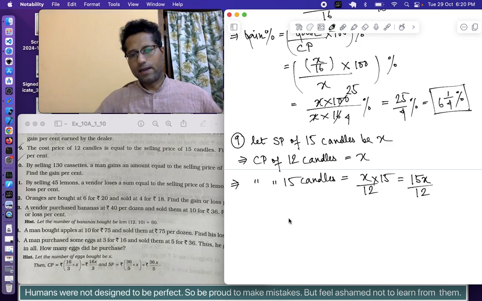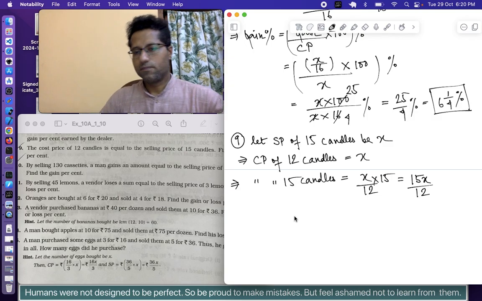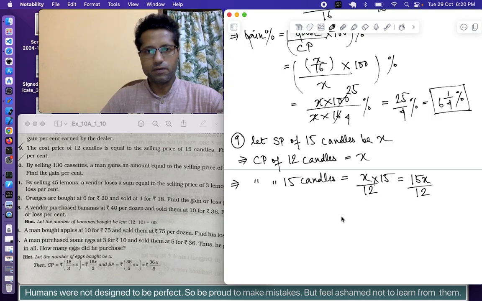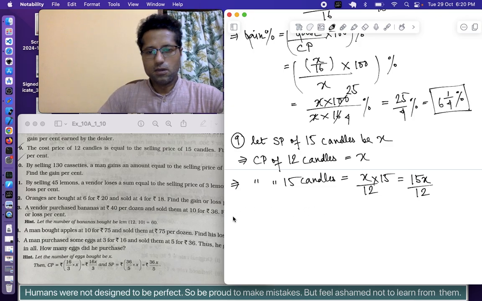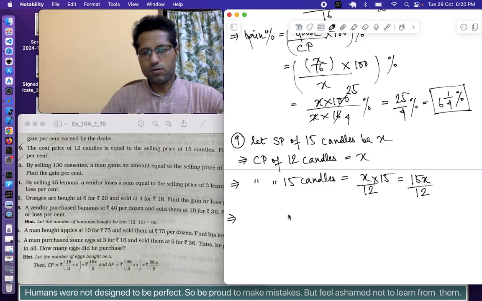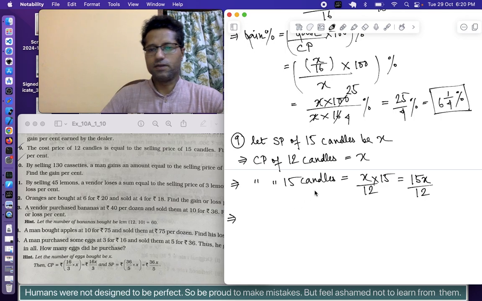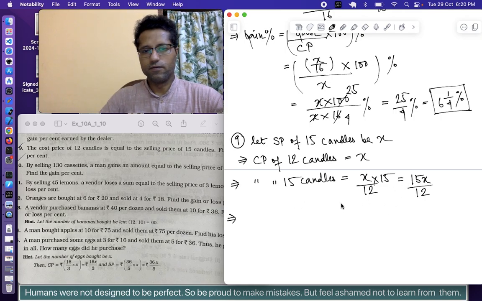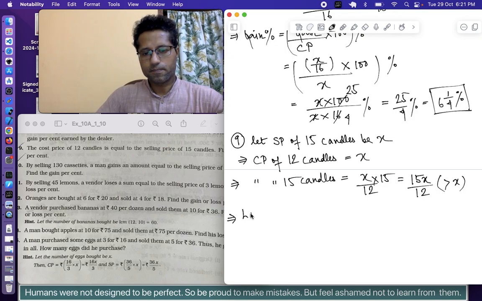So now we can compute the gain percent or loss percent, whatever it is, based on 15 candles. We know the selling price of 15 candles is x. We know the cost price of 15 candles is 15x by 12. Therefore, this is greater than x. So the cost price is greater than the selling price, so definitely there is a loss.